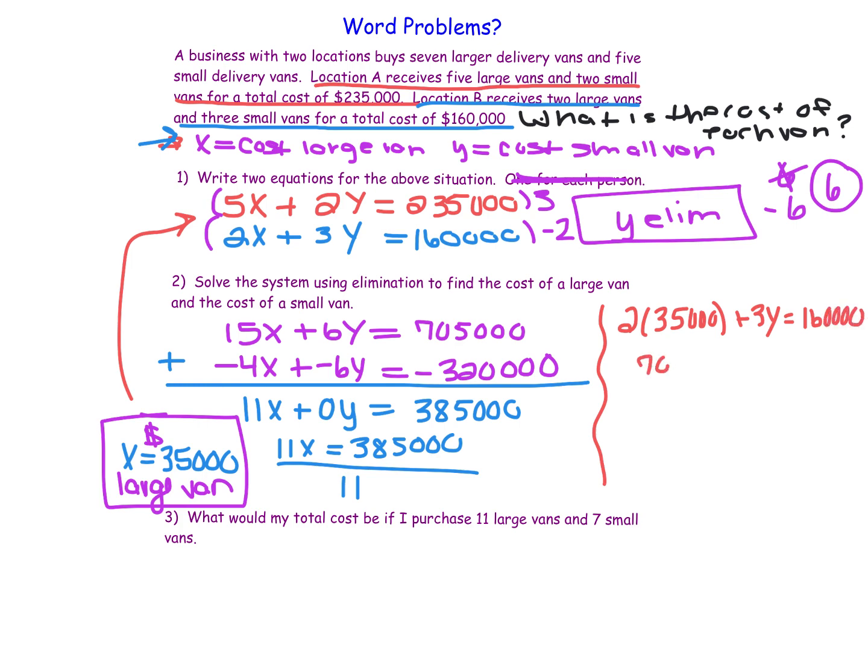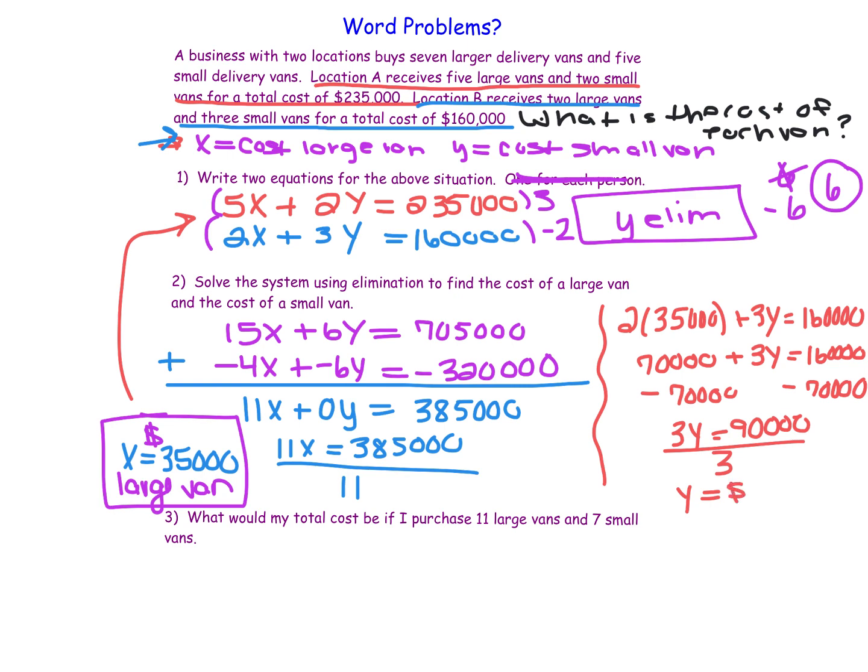So 2 times 35,000 is 70,000. If I then subtract 70,000 from each side, I end up with 3y is equal to 90,000. Divide both sides by 3, and I find that y is equal to 30,000.